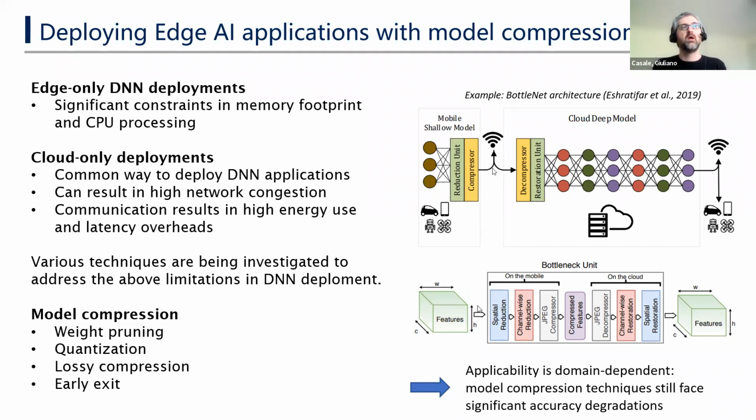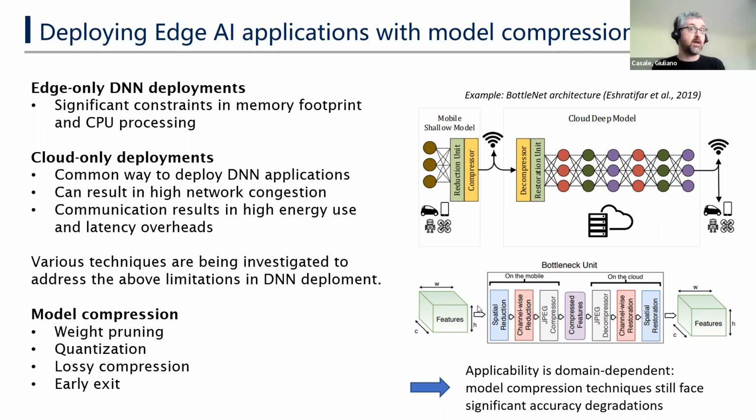So like you could quantize, so reduce the number of bits in the information you transmit from the edge to the backend. You could do some form of compression. Actually, you can use techniques very similar to JPEG compression between these chunks of the neural network. You could apply techniques like early exit that allow the neural network to take an early decision on certain inputs so that it doesn't need to traverse all the layers of the neural network, and therefore it's faster to execute.